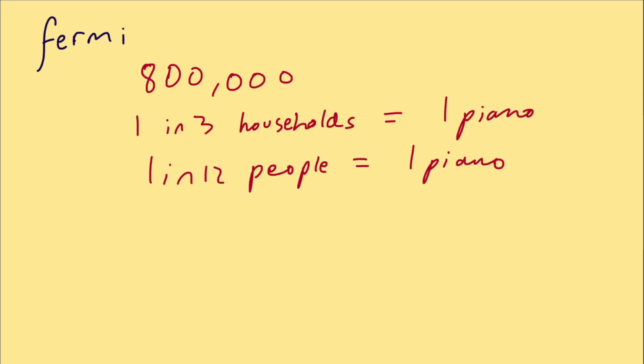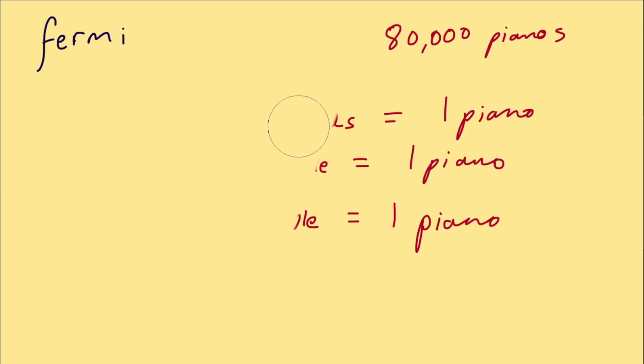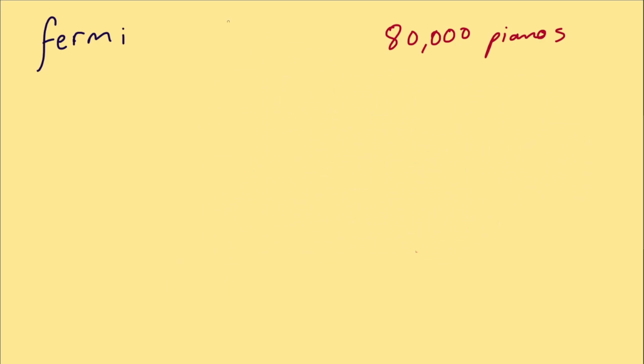As an order of magnitude, let's say that every 1 in 10 people have a piano, which is equal to about 80,000 pianos in San Francisco. Let's rub this out, make some space. So let's assume that a piano tuner takes 1 to 2 hours to tune one piano.